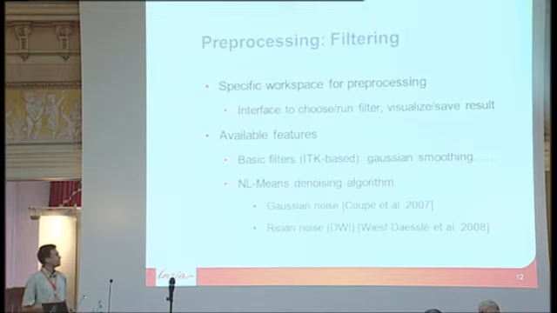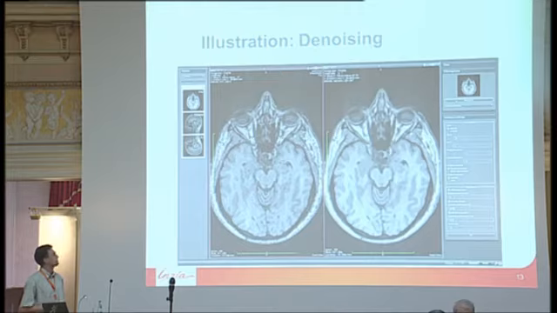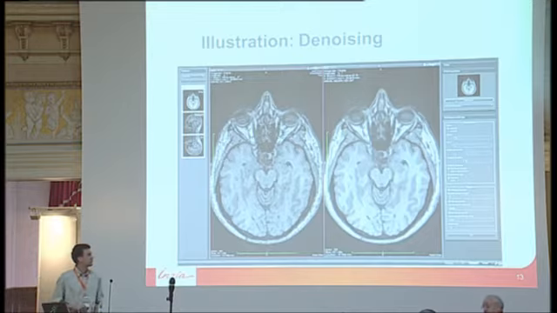So we have Gaussian noise support and Rician noise, which is pretty much useful for DWI images. So this is again the interface, and this is an example of denoising performed by the NLM algorithm with Gaussian assumption. And on the left, you have the original image, on the right, the processed image.